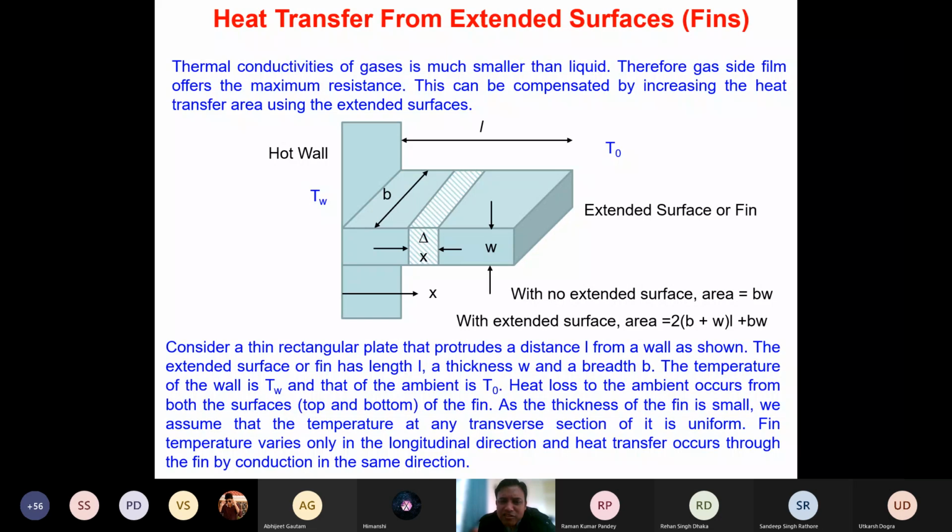When we say that the width of this rectangular fin is very small, we can safely assume that the internal resistance is negligible, and the temperature is uniform along the transverse direction. Can I assume that? Yes or no?